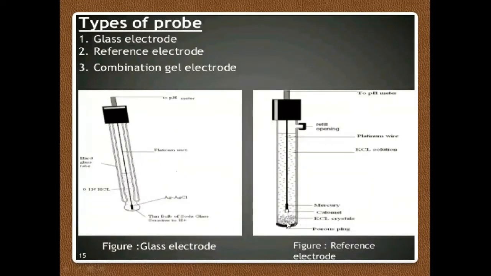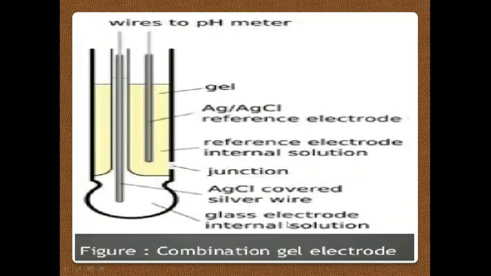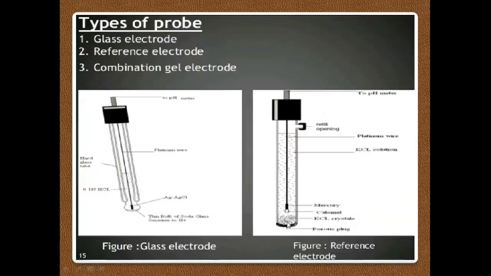KCl crystals are deposited there, and there are porous regions. The refill can be done by opening this. Then it goes to the pH meter.